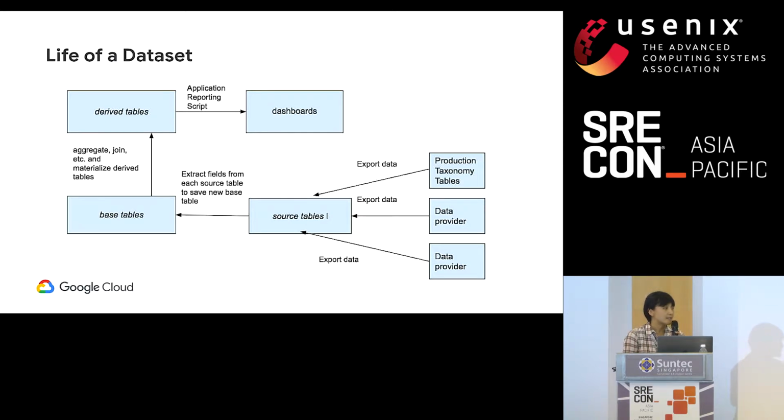After these base tables are brought together, we run the data engine to combine the different data sources, correlate all of them using the unique identifier to create the derived tables. These derived tables are used by the different teams, different use cases to display the business insights they need.